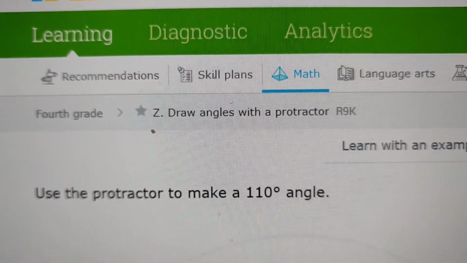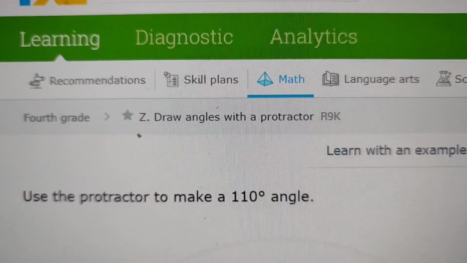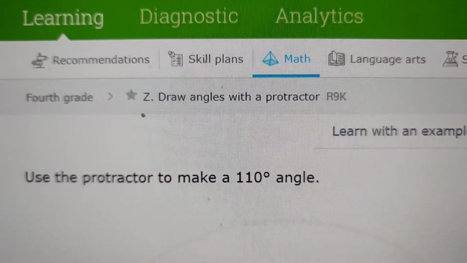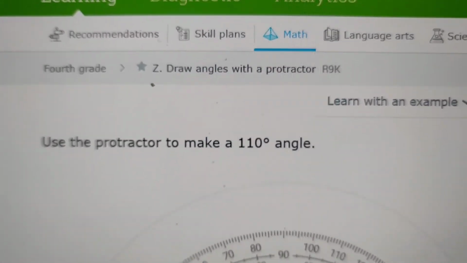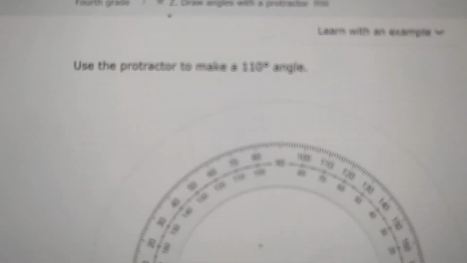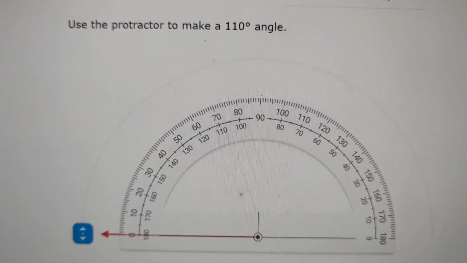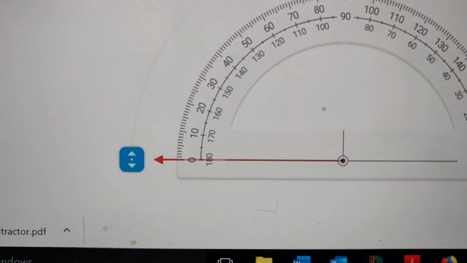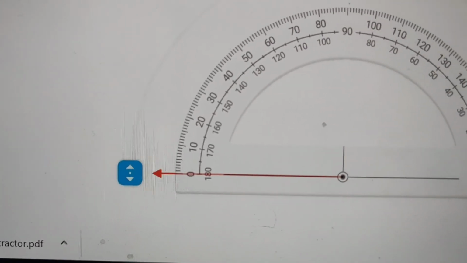And finally, on the IXL, that's right after Z4, but doesn't have its own Z number. It says draw angles with a protractor. It actually has you using the protractor to make your own angle, and it wants you to make an angle of 110 degrees. So notice here it starts at 0 degrees, and we want to get to 110 degrees.